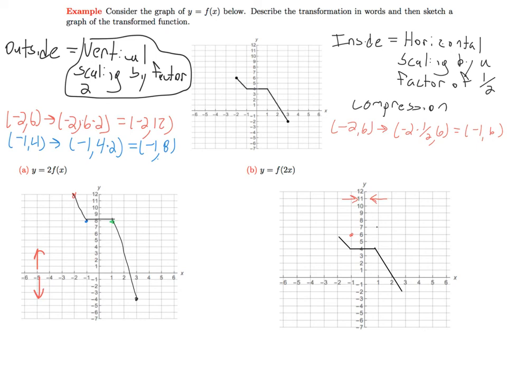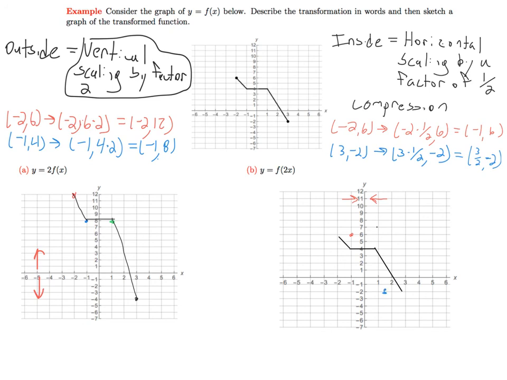For example, this last point at 3, minus 2, we compress the x-coordinate by a factor of 1/2, so it's going to wind up at 3/2, minus 2. So this point over here at 3, minus 2 gets moved halfway towards the y-axis. It winds up at 3/2, minus 2.